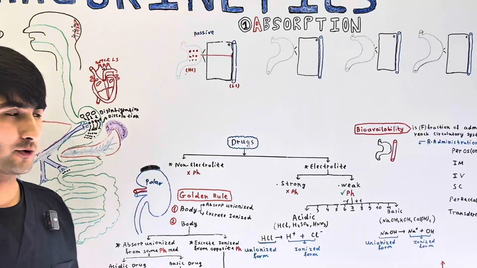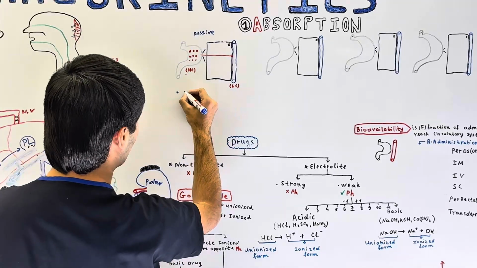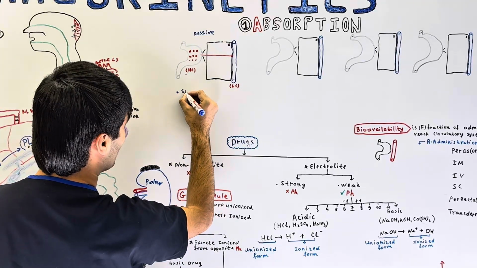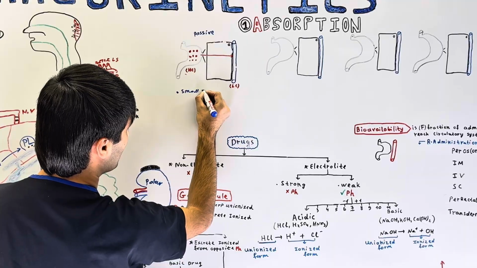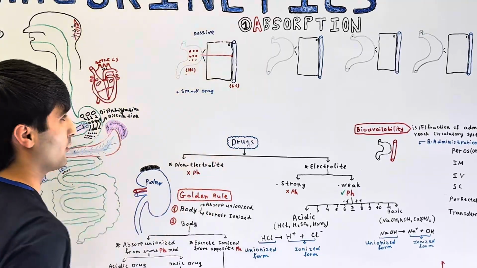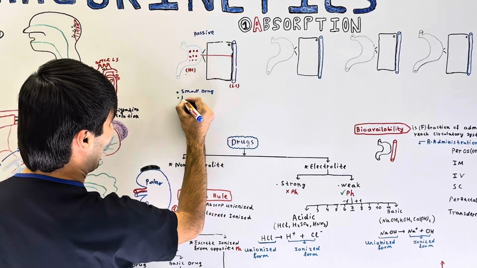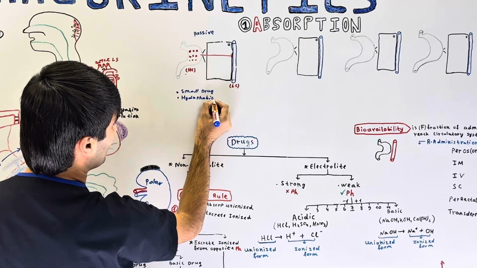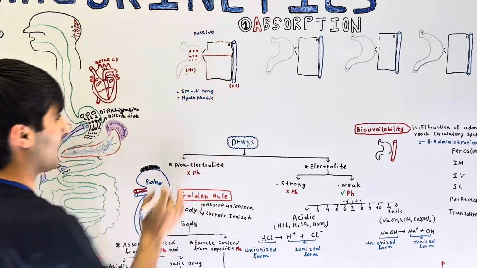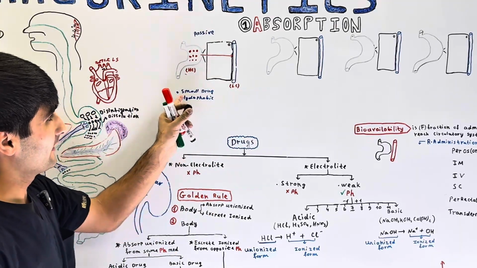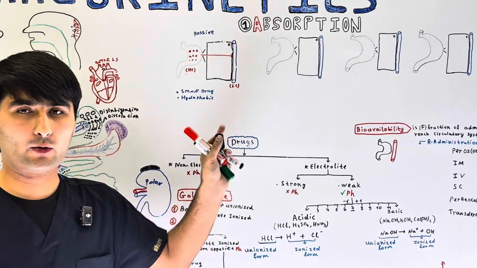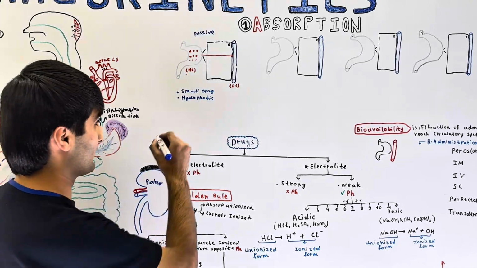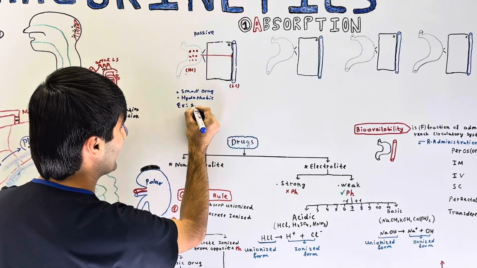So which groups of drugs are these? You have to know. These are the small drugs, the hydrophobic drugs. If they are small or hydrophobic drugs, they will easily transfer without any transport system or energy requirement. Example, steroid drugs.